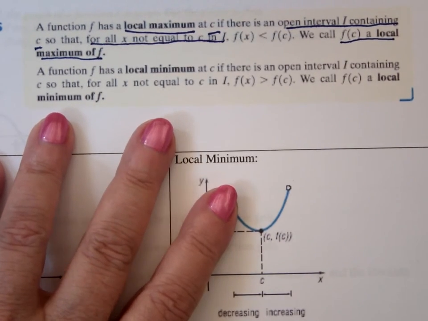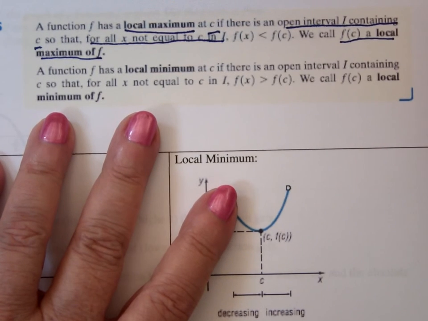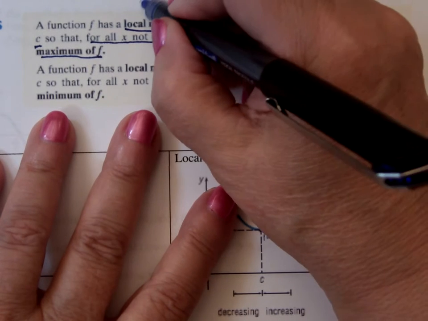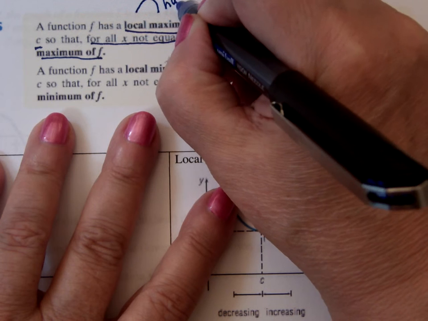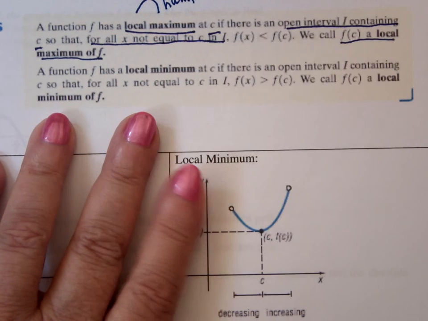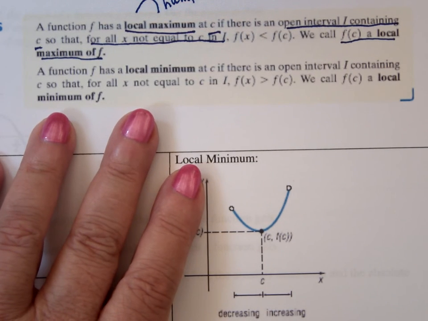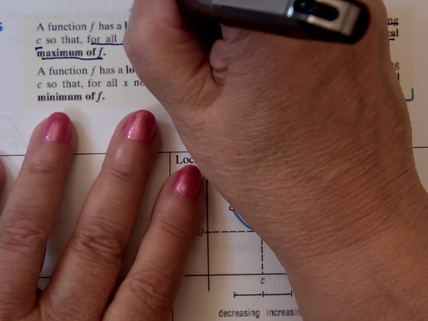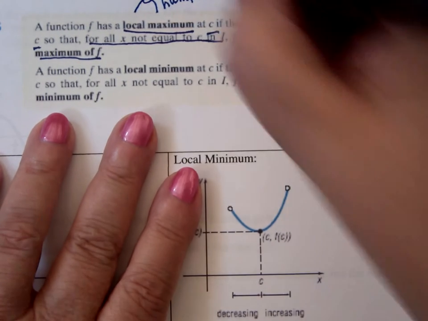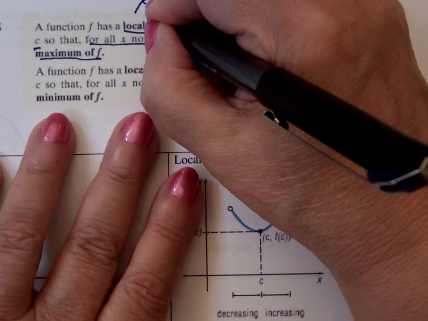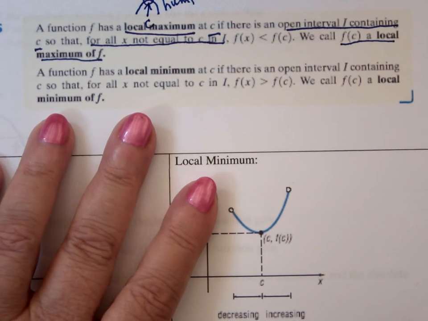Now, this again is a mathematical definition. So if I say local maximum, that means I'm looking at a hump. Like your parabola, your local maximum would be at the top of the hump. At C means it's going to be at a particular x value.